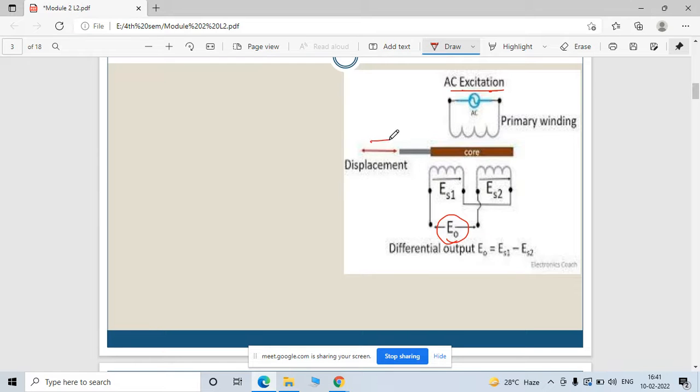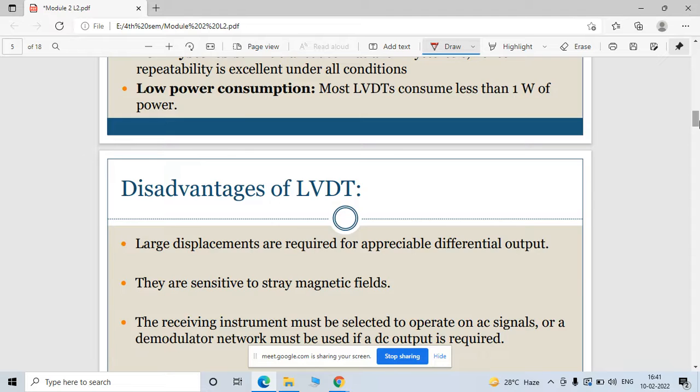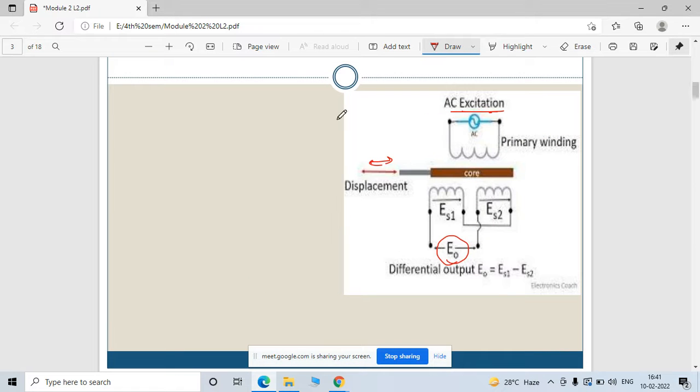So depending on this displacement, आपका जो ये core है, iron core, they are displaced. So at the rest position, or you can say at initial position, this ES1 is equal to your ES2. So core at mid position.